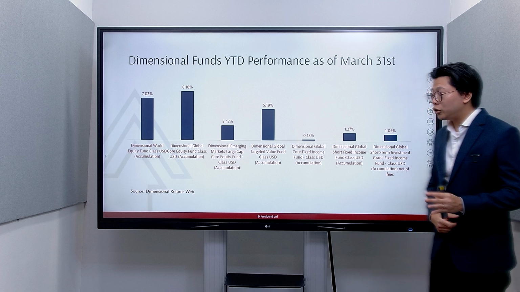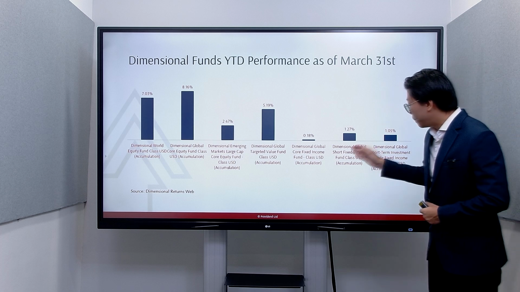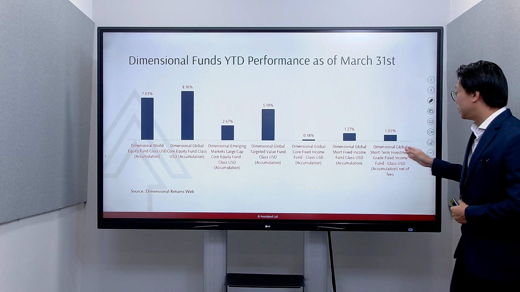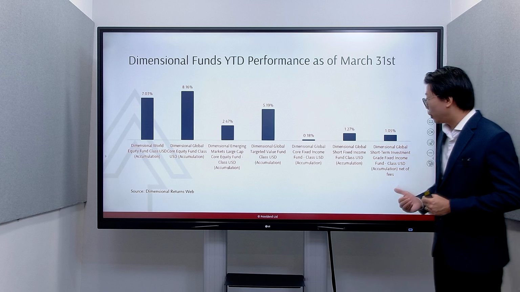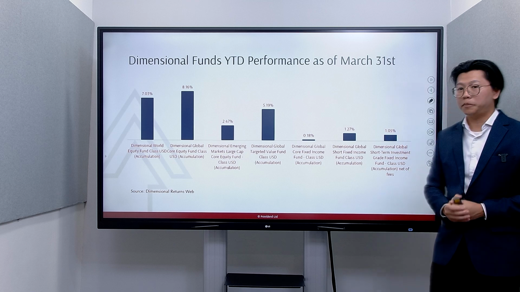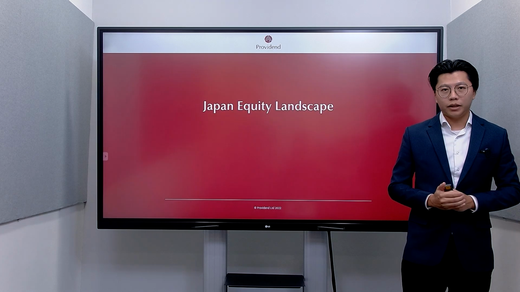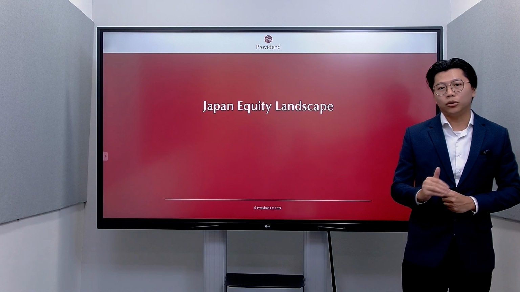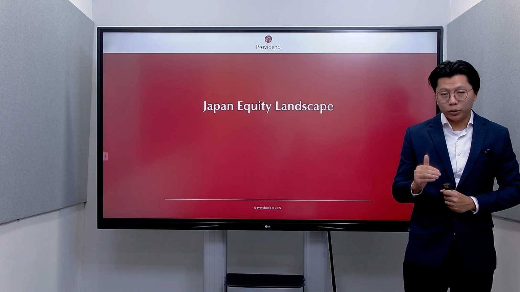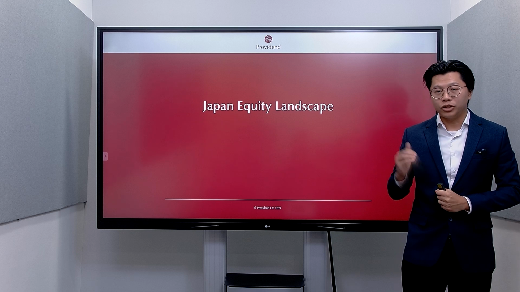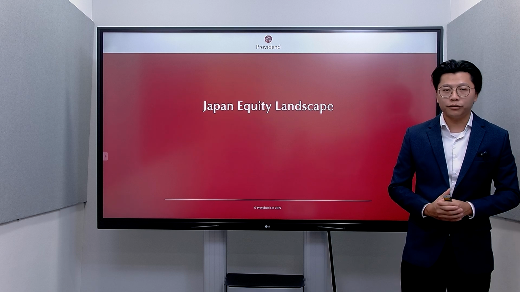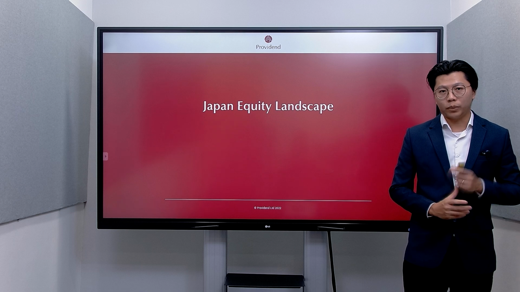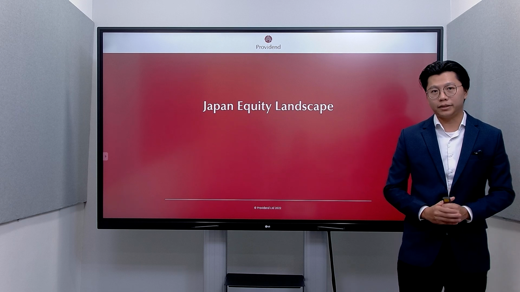Going into the shorter duration funds, the Dimensional Global Short Fixed Income and the Dimensional Global Short-Term Investment Grade went up by 1.3% and 1% respectively. In terms of country weight allocation in equity funds, Japan is the second largest. That's why it is important for us to look into what is going on in Japan's equity landscape.